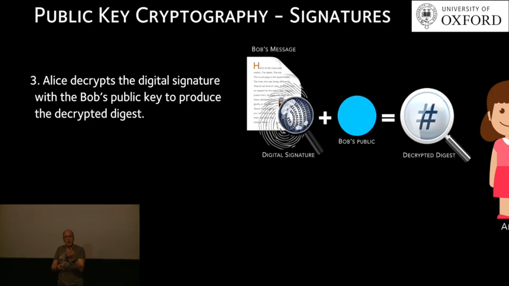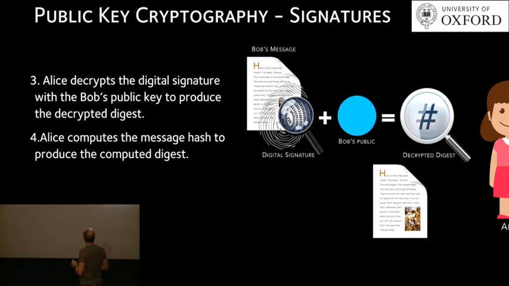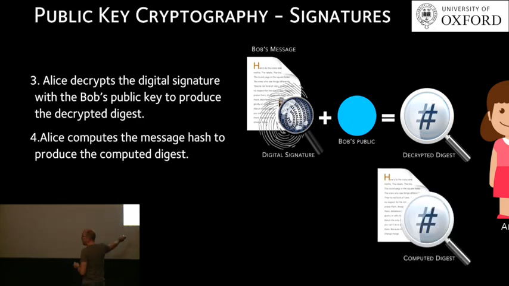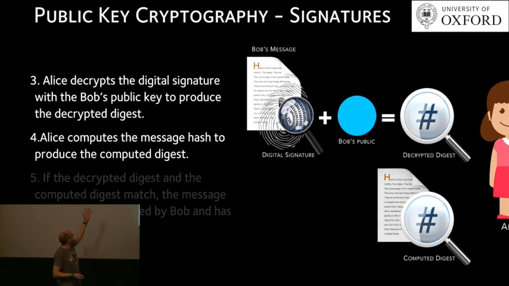So now Alice has the 3 tools with which she can verify, is that really the message I should have received? Because she can first compute the digest herself because she's in possession of the plain text and she knows the algorithm. So Bob used SHA-256, I will use SHA-256. Now she has the digest. And then, because she's in possession of the public key, she can just decrypt that.